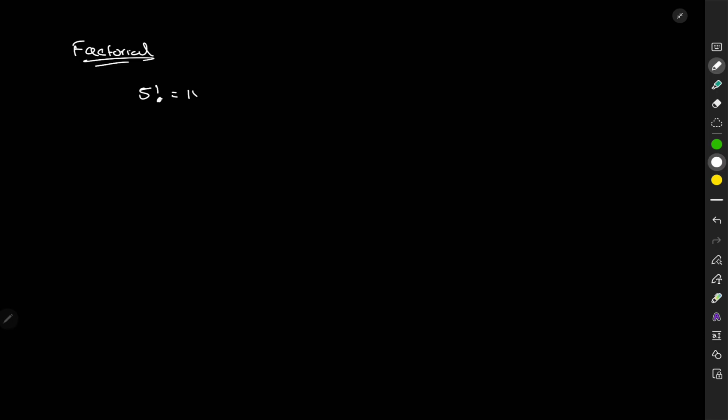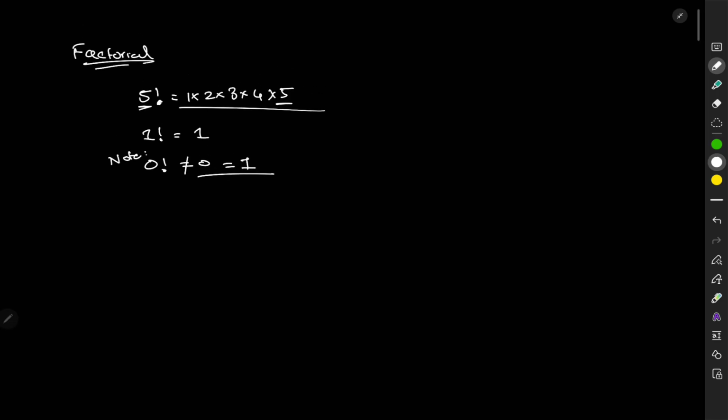It's nothing but we start from 1 and multiply the consecutive terms till this number comes. This is basically called factorial. Similarly, 1 factorial is 1, and note that 0 factorial is not 0, it is 1. Fine. So this is an important exception in the factorial case.